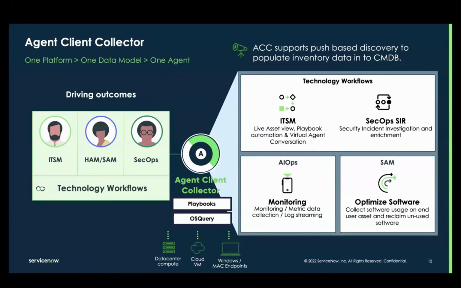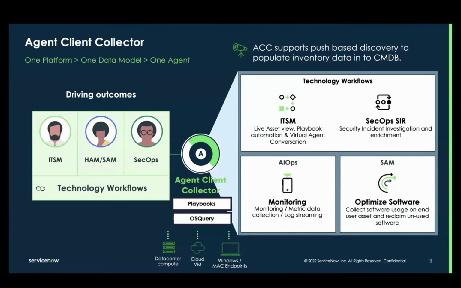And again, that can be your cloud VMs, or you can have endpoints that you want to monitor for whatever reason. And basically, you have the agent client collector that really is an agent that you deploy and you install on that very same endpoint, on that specific cloud VM, and provides data back to your ServiceNow instance.